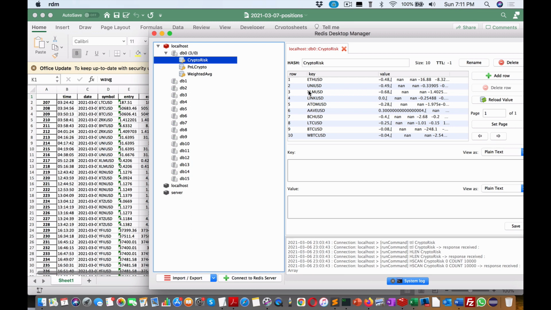Now this could change, but these are Ethereum, Uni, XLM, Link, Atom, Aave, Bitcoin Cash, Litecoin, Bitcoin itself, and then WBTC. That's what the weighted average contains.